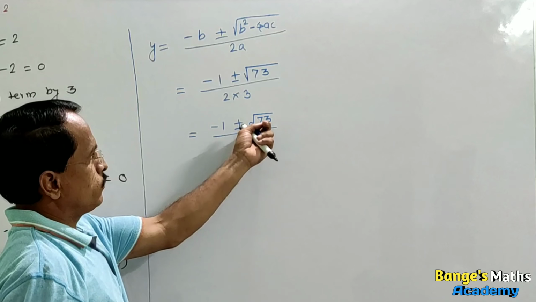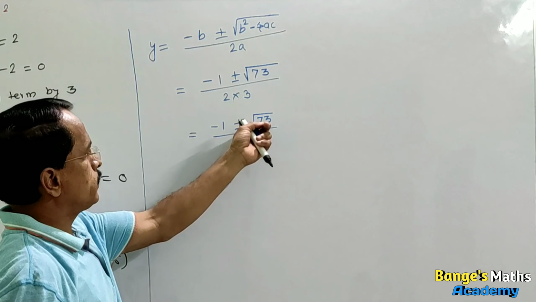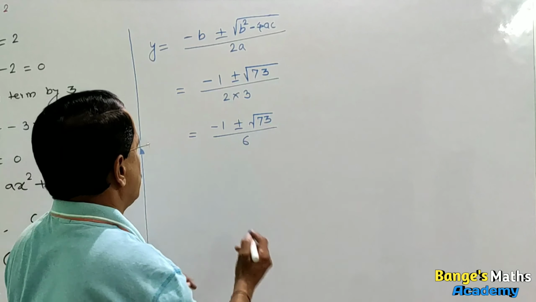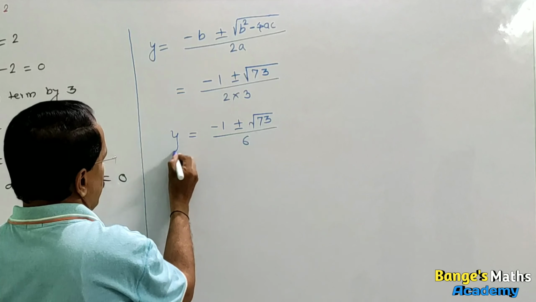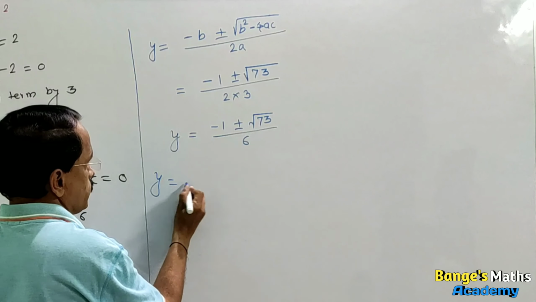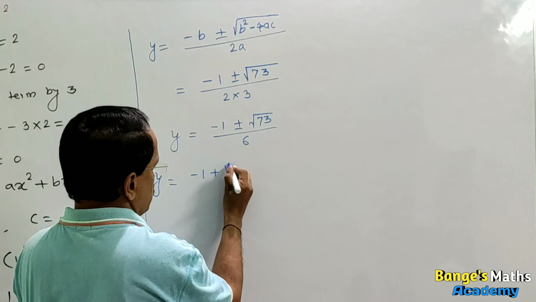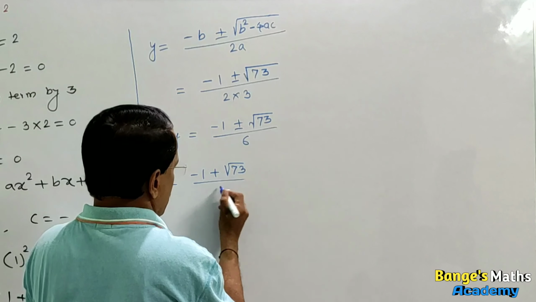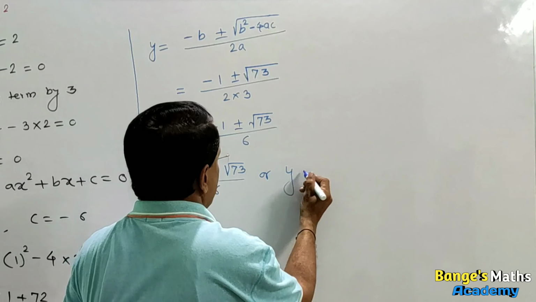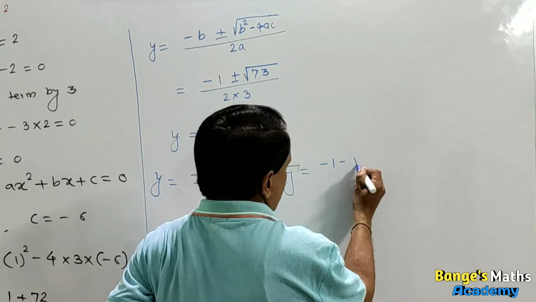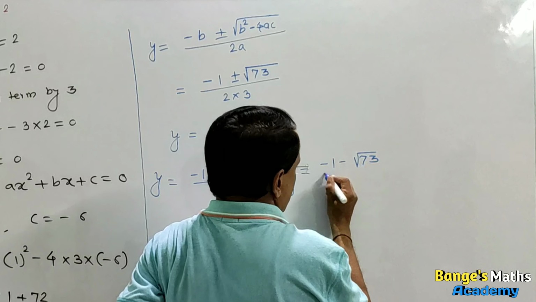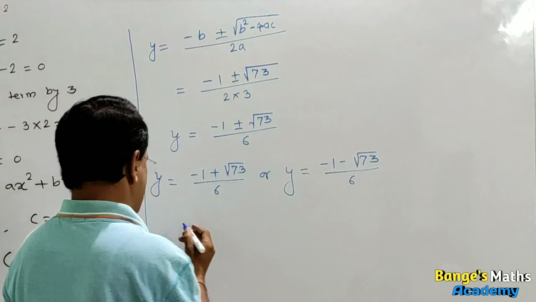We cannot find square root of 73, so put as it is. We get value of y. Then y is equal to minus 1 plus root 73 upon 6, or y is equal to minus 1 minus root 73 upon 6.